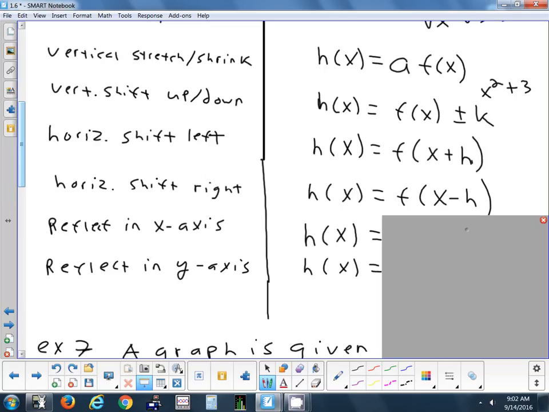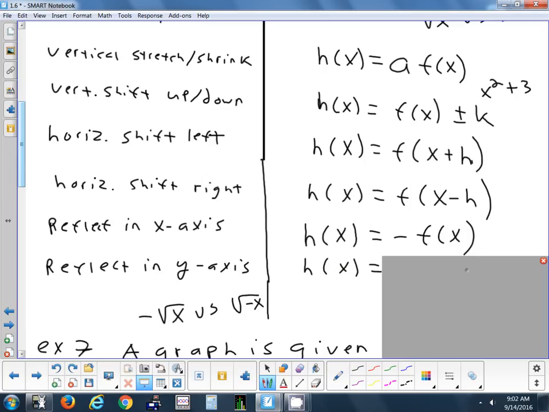Okay, how would we reflect something over the x-axis? We know we have to put a negative, but where do we put it? Inside the function or outside the function? So it's the difference between doing something like this versus this. Yeah, Amanda? Yep.